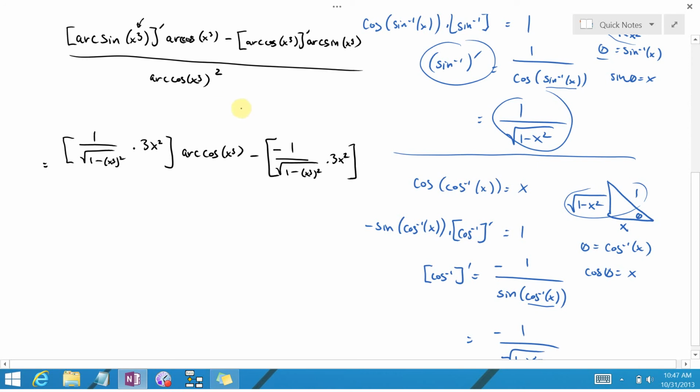And we're multiplying this by arc sine of x cubed. And we're dividing by this arc cos of x cubed quantity squared.